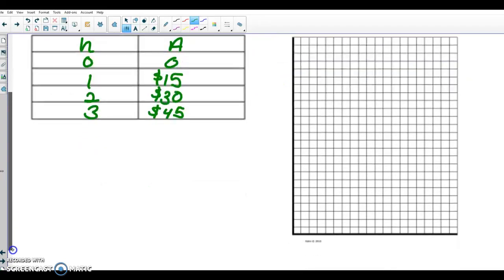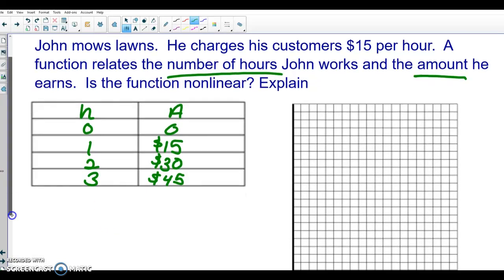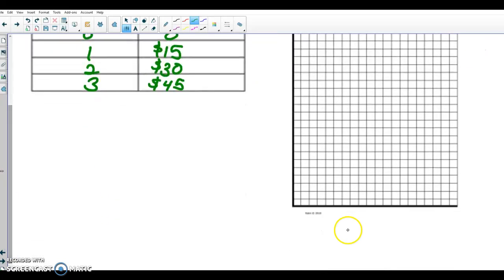My graph doesn't want to work today. So my bottom is going to be my hours worked. And then my vertical is going to be the amount of money that I get. So if I have 0 hours, I get $0. And then I'm just going to count my hours by ones because I have so many.